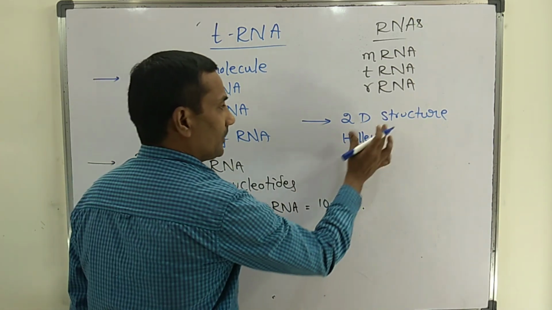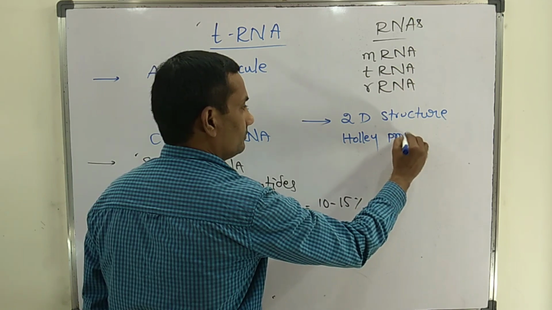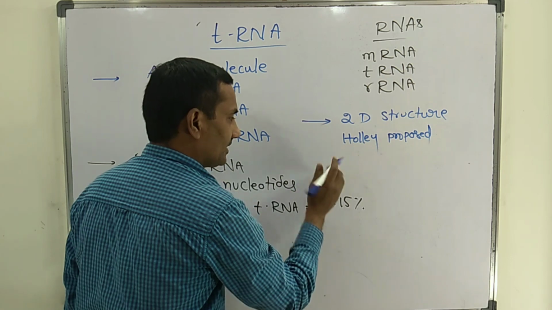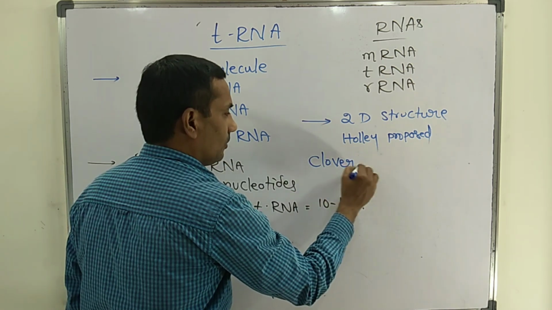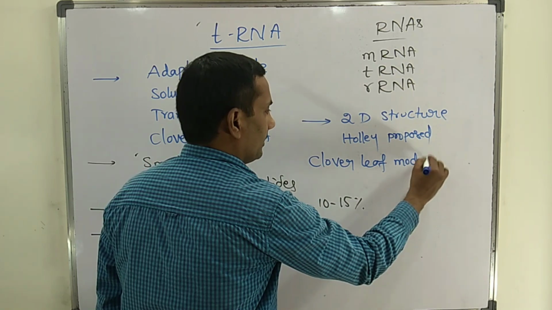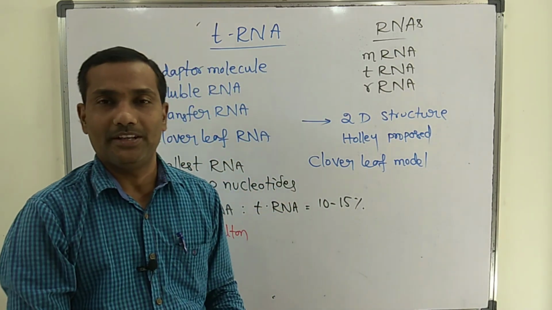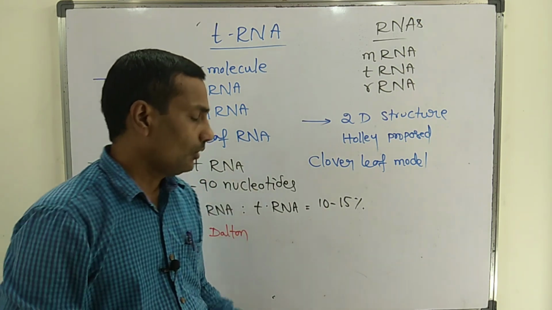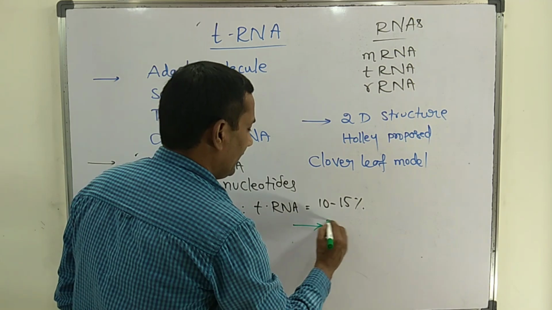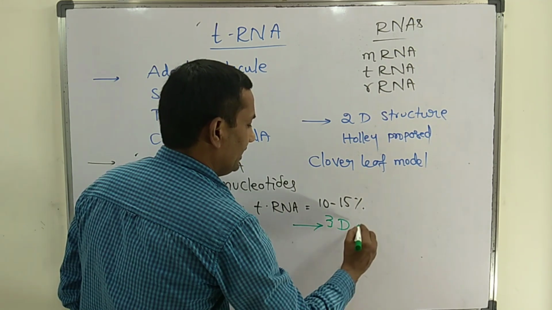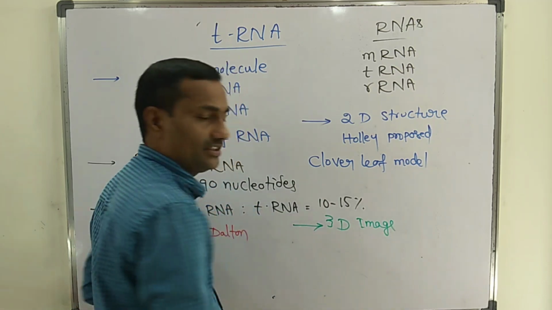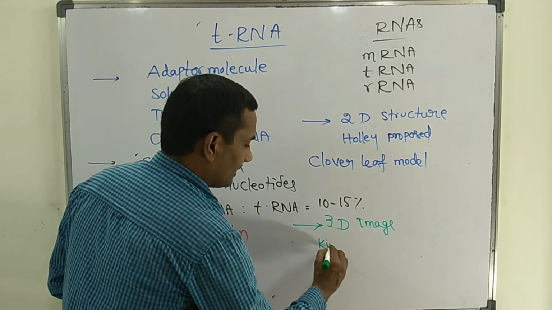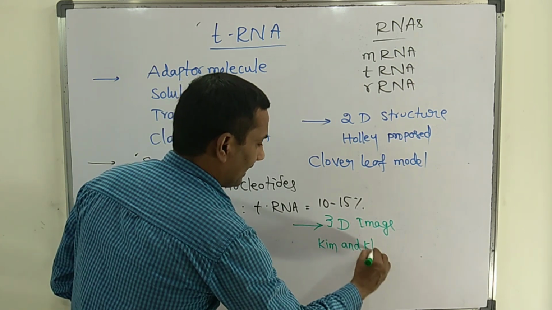Holley gave the tRNA structure known as the clover leaf model, a two-dimensional image. Next, the 3D image, or three-dimensional structure, was proposed by two scientists, Kim and Klug.